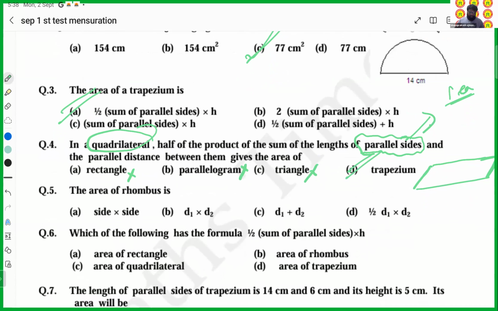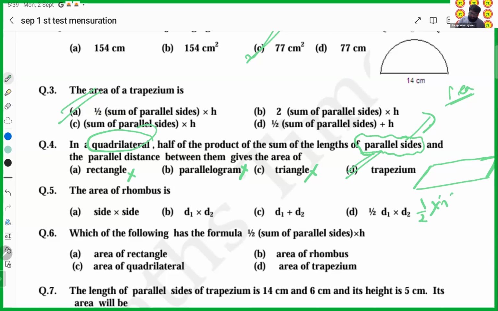In option D, what is the area of a trapezium? Half into H into the sum of the parallel sides.